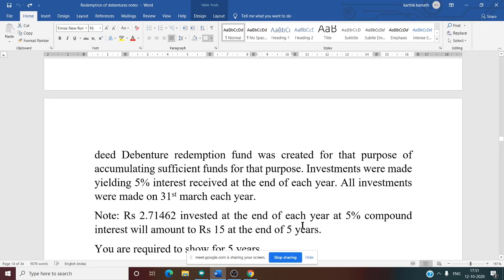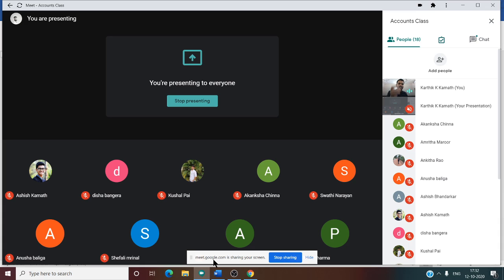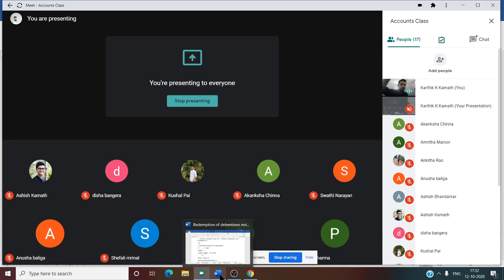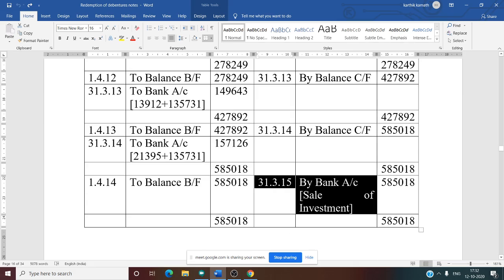But even then, it is assumed that after the end of a fixed period, in this case 5 years, debentures are paid off. That means the company is going to give the money to the debenture holders. So we assume the 5-year term is over and the investments are sold.